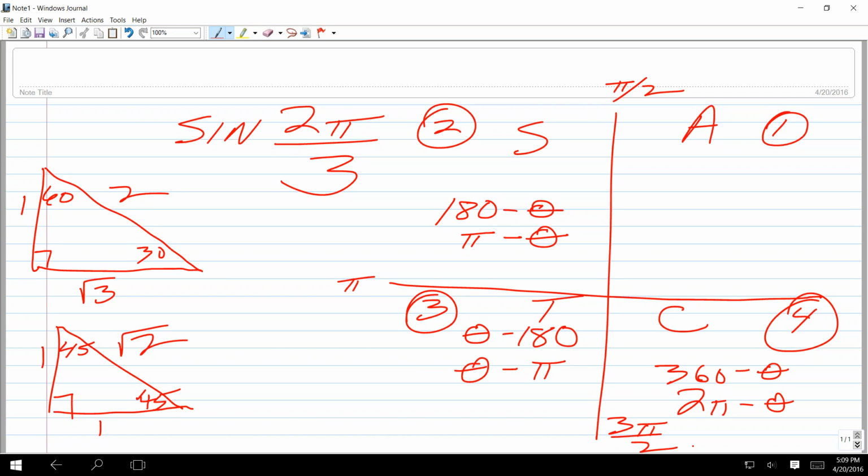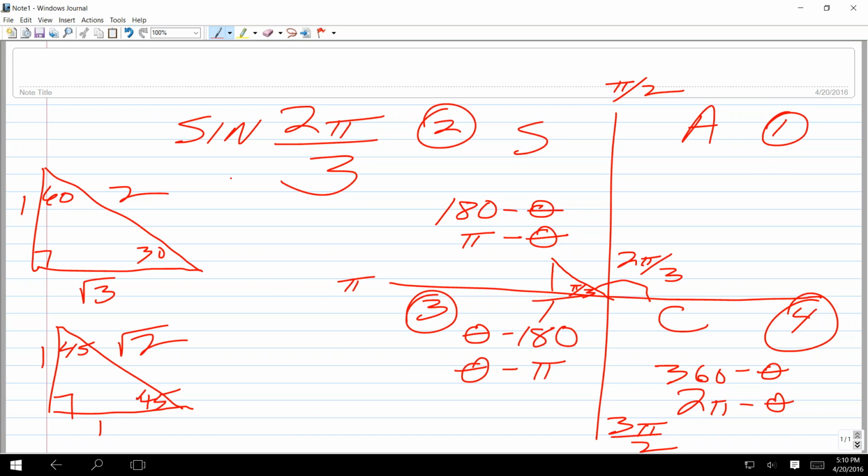And the reference angle is the equivalent first quadrant angle. Okay? In other words, 2 pi over 3 is, as you said, 120 degrees. So there's our 2 pi over 3, which leaves a reference angle of pi over 3.